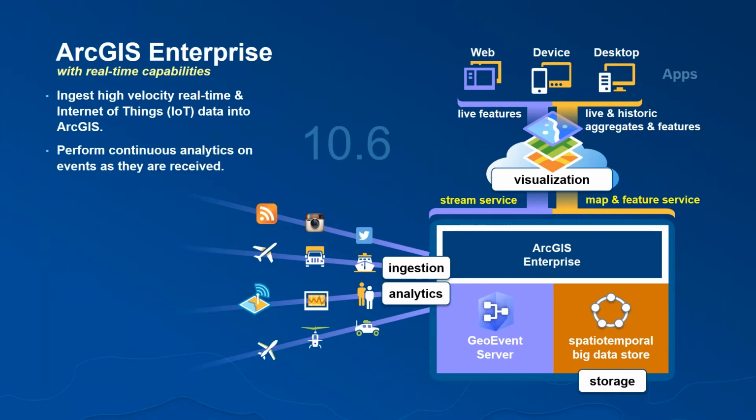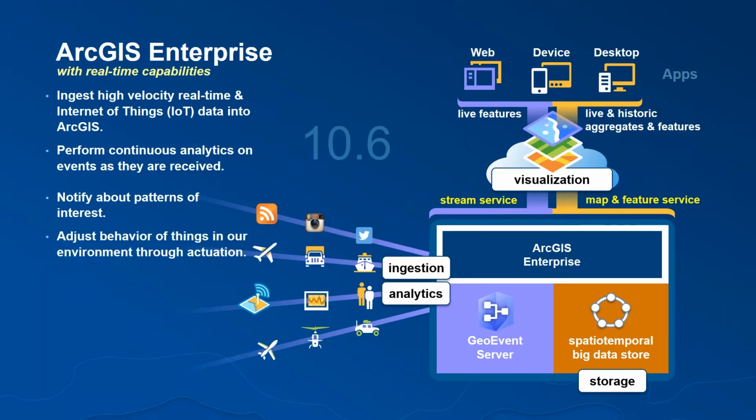Once real-time data reaches GeoEvent Server, the data will be analyzed by the real-time analytics components of ArcGIS Server. You can design your own real-time processing logic, which you will see in Ken's demos later. The real-time processing is normally designed for detecting patterns of interest, for example, a vehicle entering or leaving a job site, or water pressure in a pipe rising above or dropping below a threshold, and you can detect many other things.